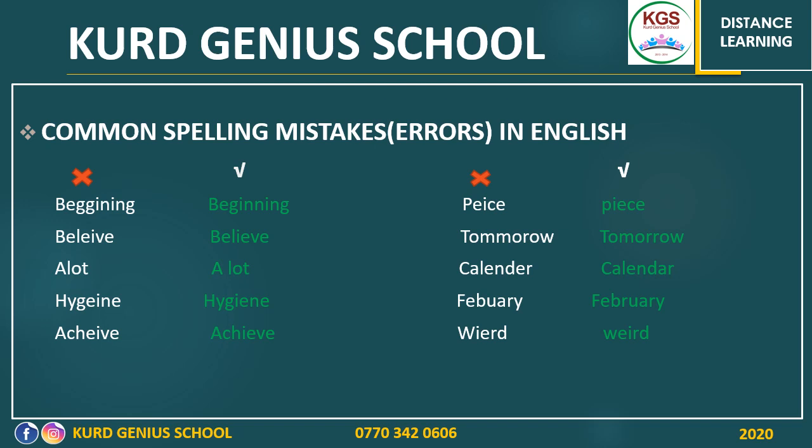Well, what I have written here are some common spelling mistakes that I would like to start the lesson by. Of course, there are many of them, but I use these as an example. And they are not found in the book.